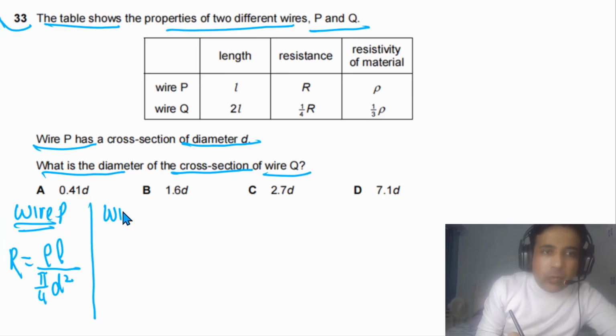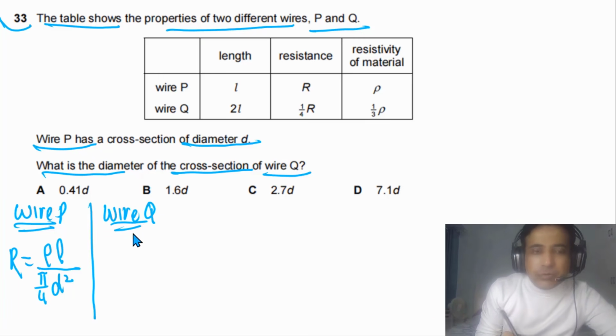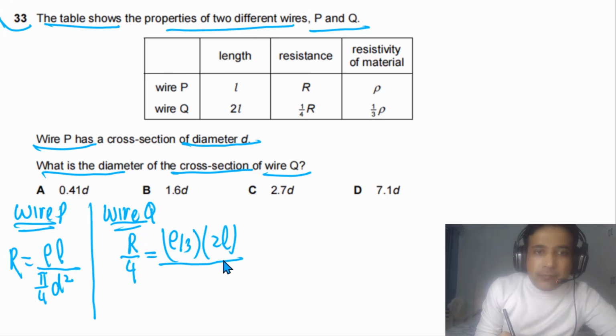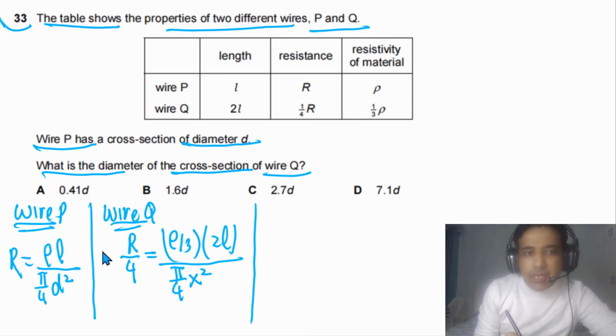Now for wire Q, we can rewrite this equation. For wire Q, it is given that the resistance of wire Q is R by 4, and this is equal to rho by 3 times 2L divided by the cross-sectional area. Pi by 4, we can say the diameter is x, so this is x square. Now simply we can replace R with this quantity.